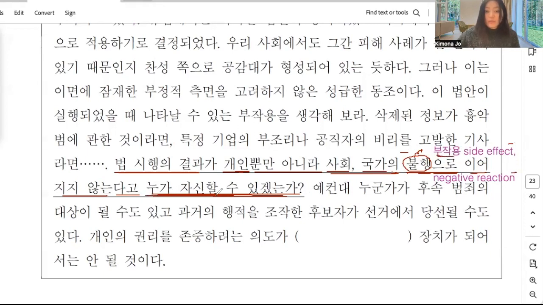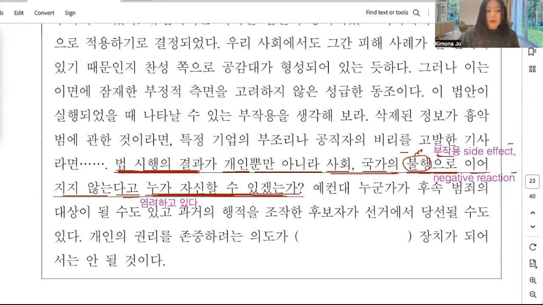Okay, who can be so confident to say this is 염려하고 있다? He is concerning about the negative reaction, side effect of this 법 시행의 결과, the result of the law enforcement.